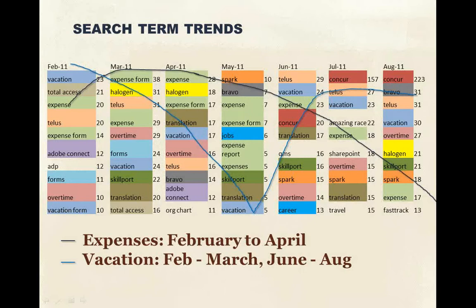So we'll see in this example, expenses coming towards the end of the fiscal year, which makes a lot of sense, you see on the rise. Vacations dropped down during May, but come up again during the summer months. So these are pretty obvious terms, but if you look at your own intranet, you'll be able to find some more ways you can get information out of there.